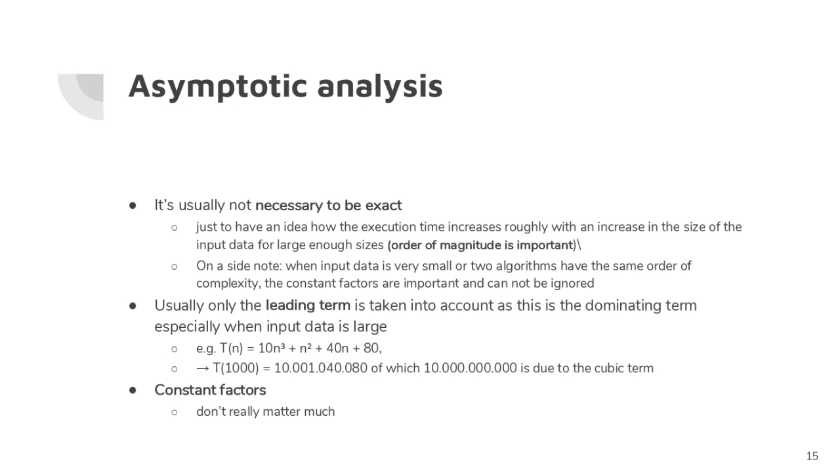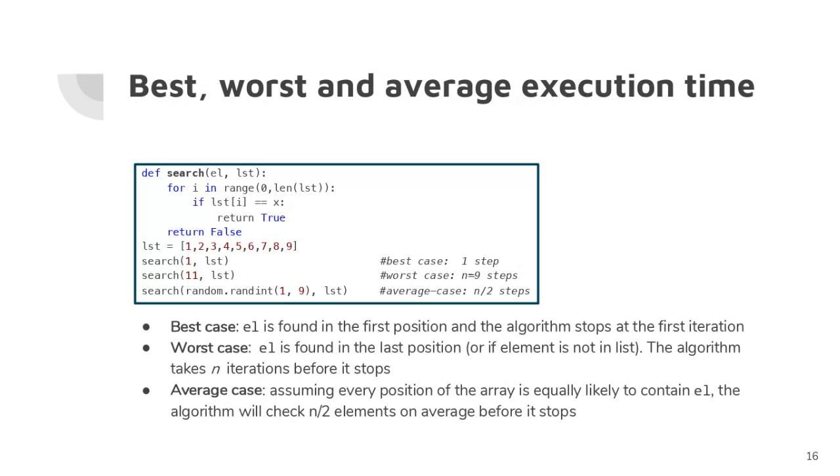Because if n is thousands, you will have 10 billion steps required, but only 1 million of those are due to the quadratic term and the linear term. So we're really only interested in the leading term, and so we make our function T a little bit simpler.